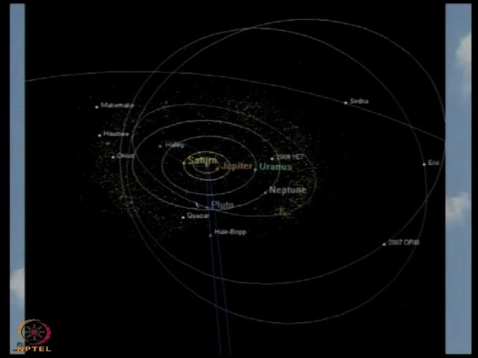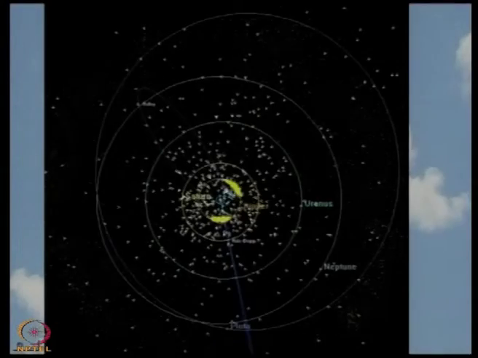Okay. And Pluto is the largest Kuiper belt object, but if you look at the Kuiper belt, you will find that there are other objects comparable to Pluto. Let me show you two other objects comparable to Pluto.